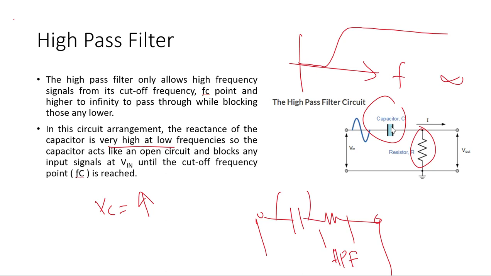After the cutoff frequency Fc is reached, the circuit will allow some of the voltage to pass through, and after increasing the frequency more, we will have all the voltage available across the resistance, because the resistance would be higher compared to the drop associated with the capacitor. So this is the high pass filter.